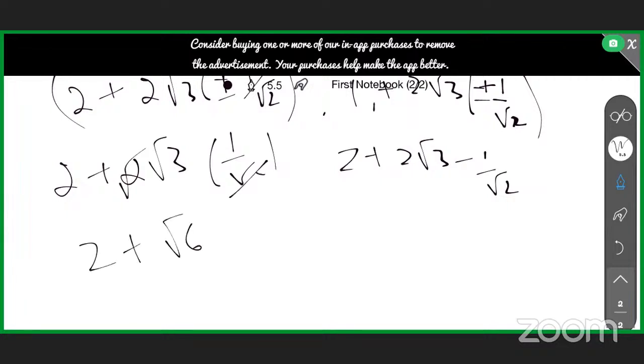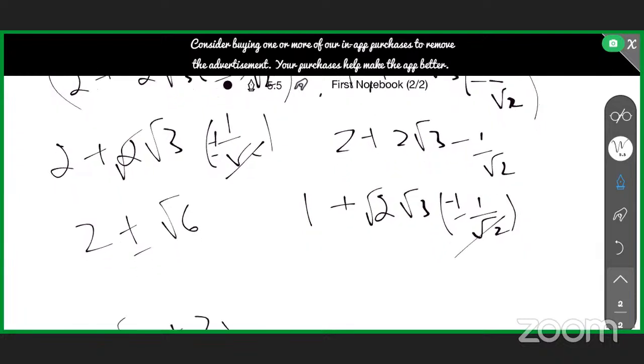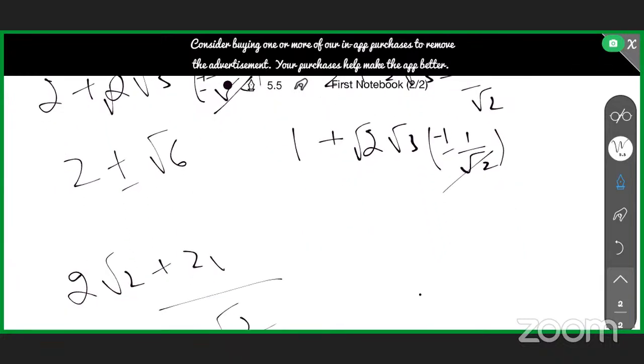The minus-plus becomes plus or minus. So again 1 plus 2 root 3 into plus or minus 1 by root 2, again this becomes root 2 and this gets cancelled. It will be 1 plus or minus root 6.